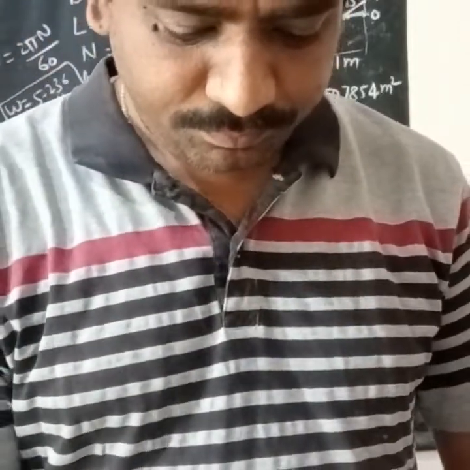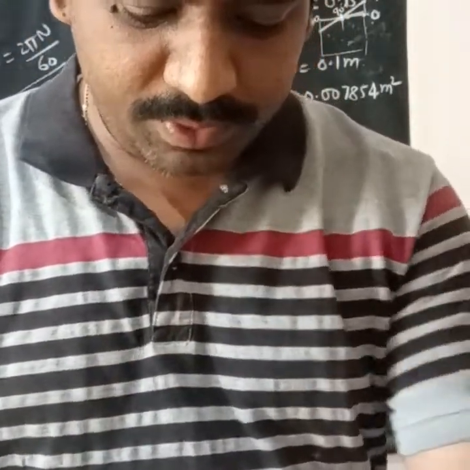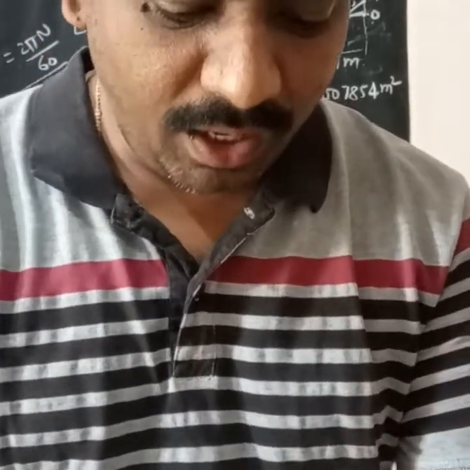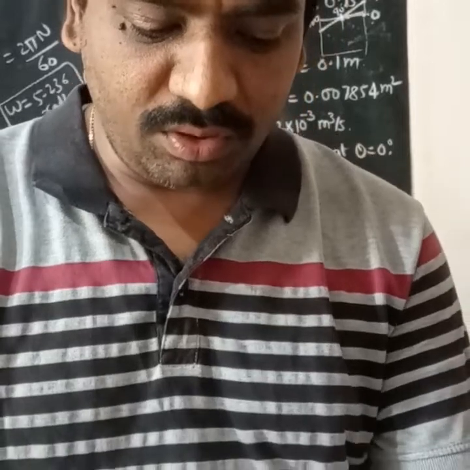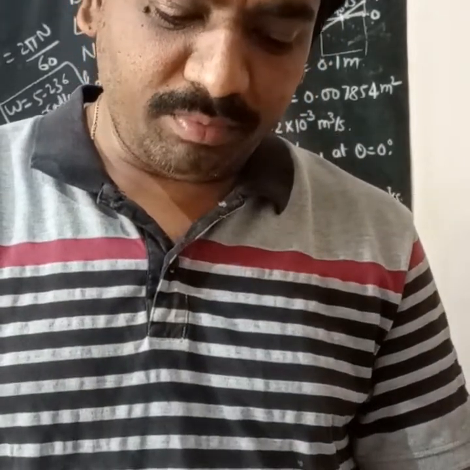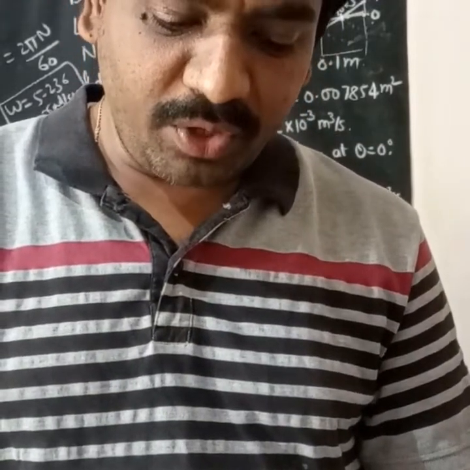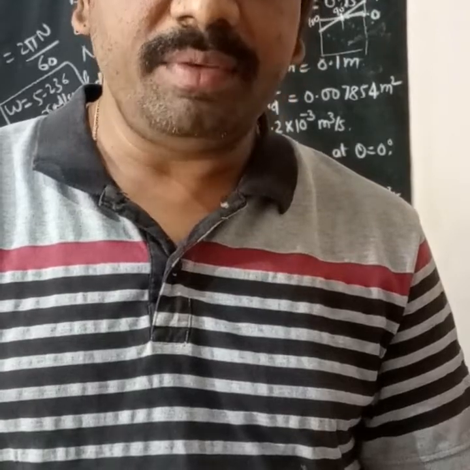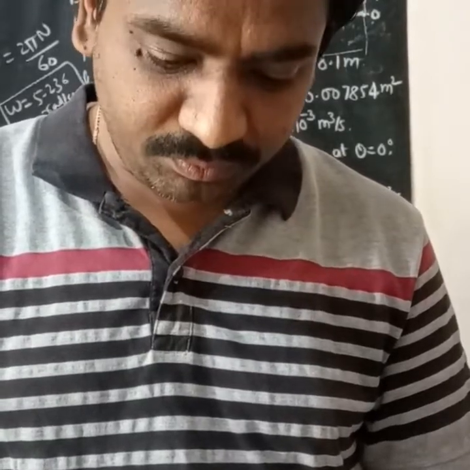Now we'll go for the second problem. The length and the diameter of the suction pipe of a single acting reciprocating pump are 5 meter and 10 centimeter respectively.